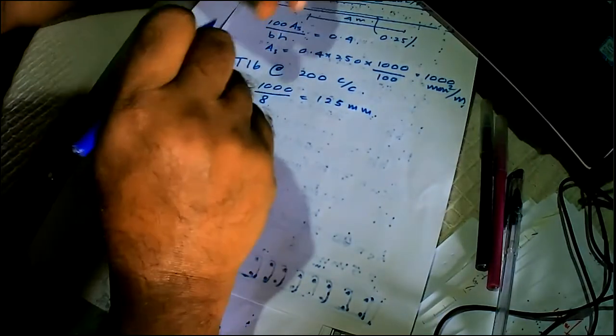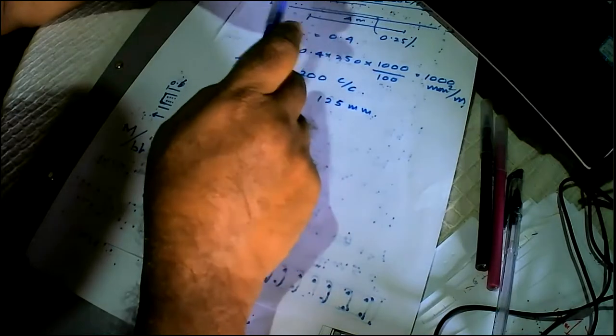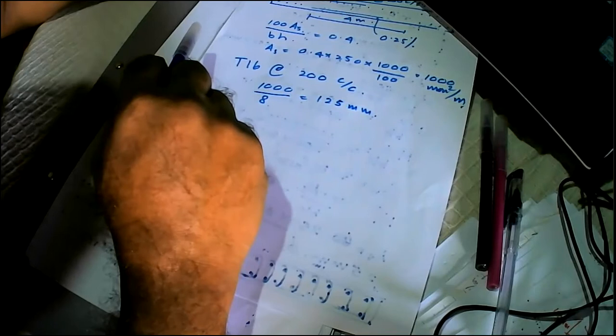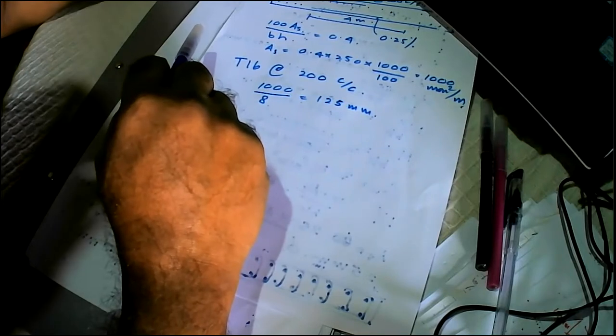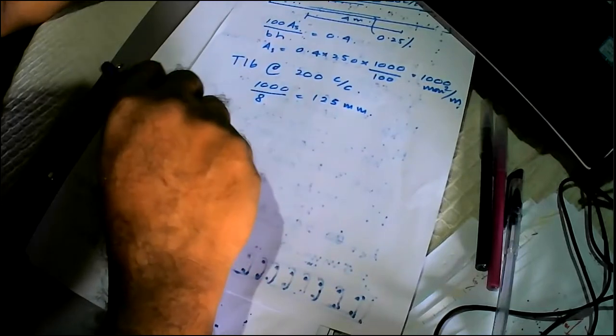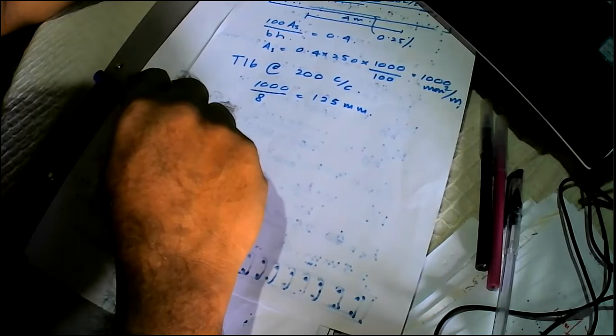Yes, sir. If you want, you can even go for something like 0.6 meters and concentrate it. But trying to concentrate too much means there will be a lot of congestion of reinforcement at the ends of the wall. So that's why we go for a reasonable length like 1 meter for a 6 meter wall.